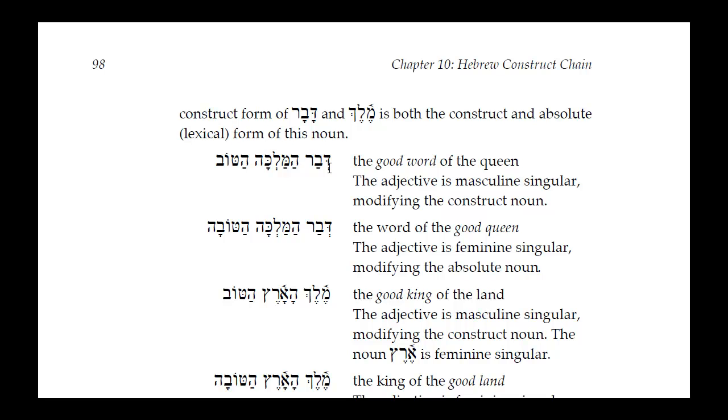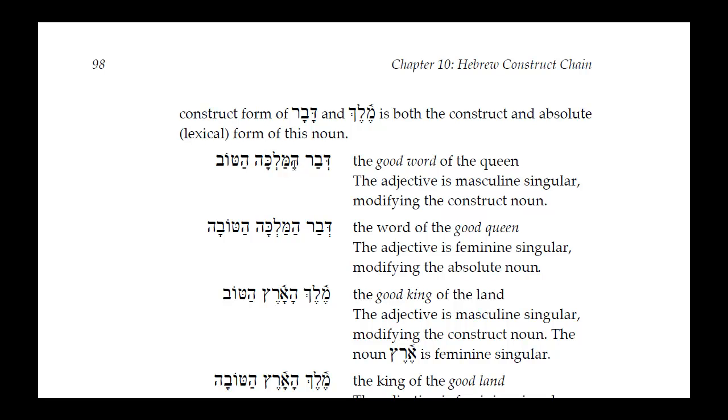We would translate this as devar hamalka hatov. Now we look at the adjective hatov here, and we ask what gender is this? This is masculine, singular, and it has a definite article on it. Which of these two nouns is masculine and singular?